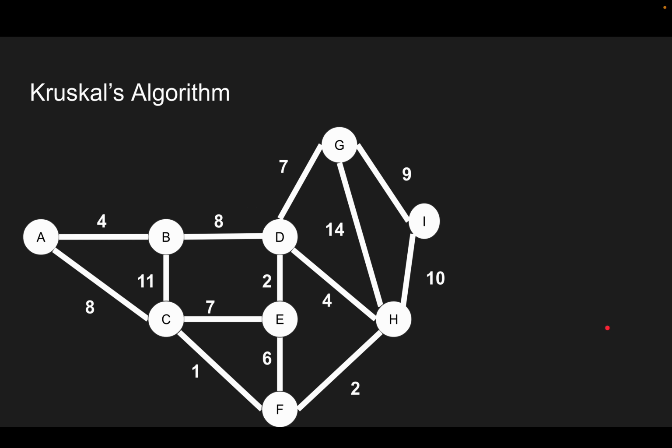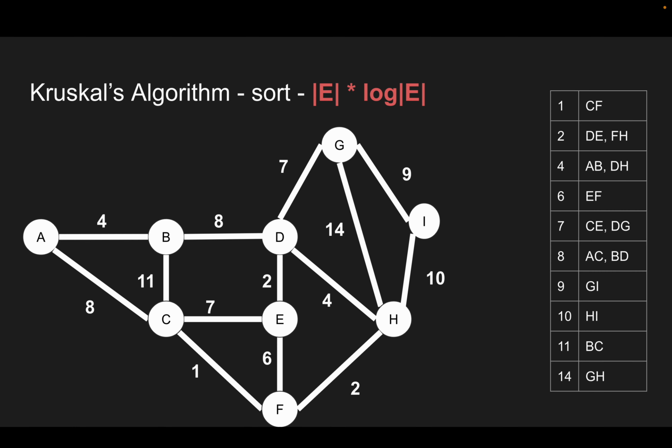Let's take an example here. First, we sort the edges by their weight. This will take E times log E time complexity. Then we enter the iteration.